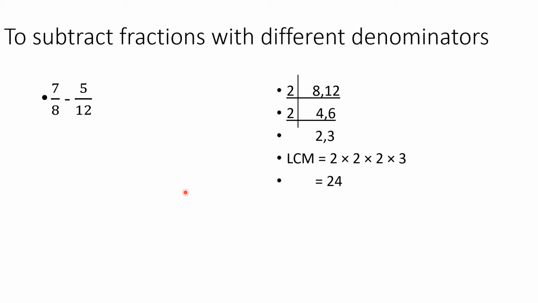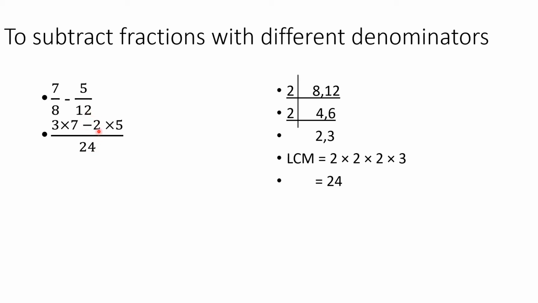This 24 will be our new denominator. Now we will divide 24 by both the denominators. When we divide 24 by 8, 8 threes are 24. So we will write 3 here, multiply this numerator, sign of subtraction, minus. 12 twos are 24.